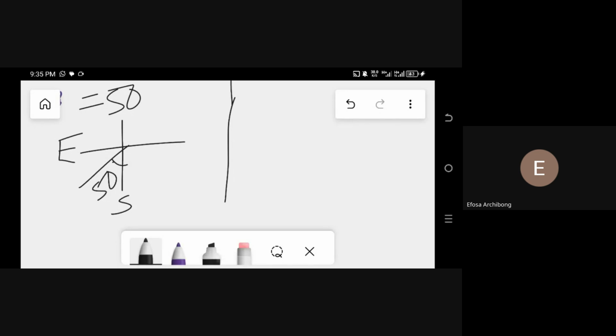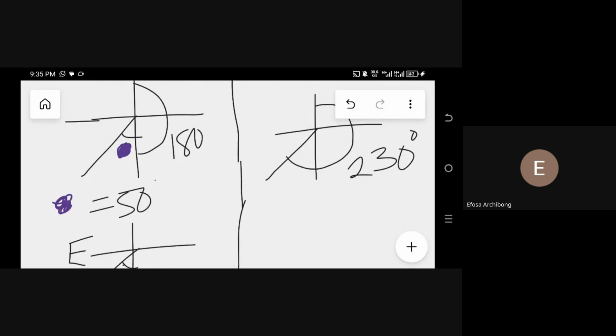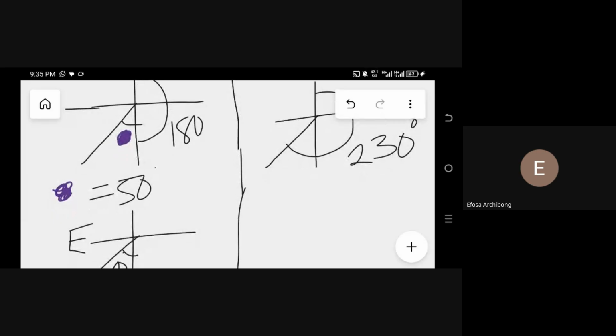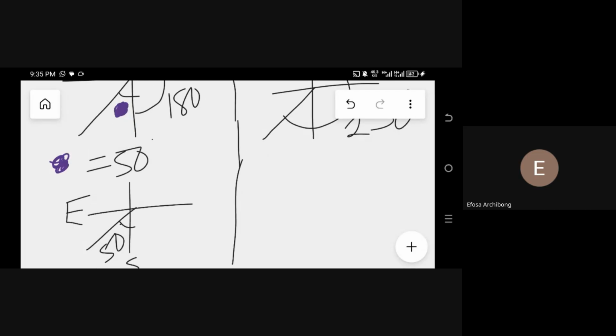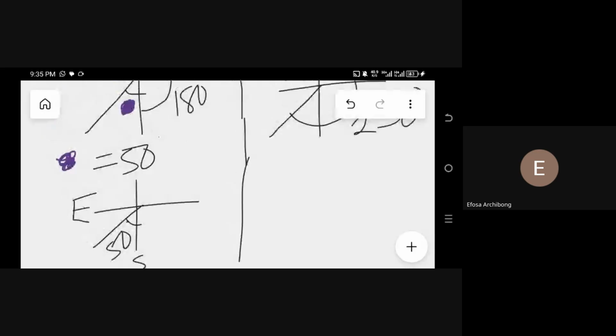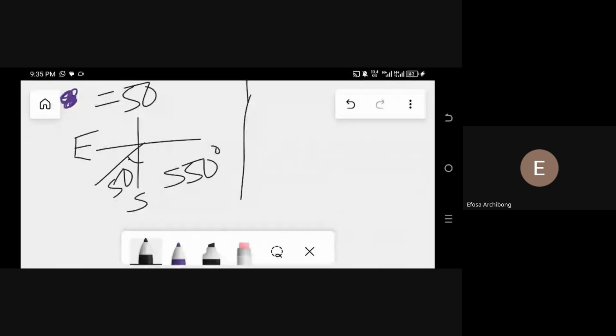In compass bearing, we are always looking for where the angle would touch the south or the north. So that other small place, purple, is 50 degrees, and that 50 degrees is touching the south. So if that 50 degrees is touching the south, then the bearing for this is south 50 degrees east.